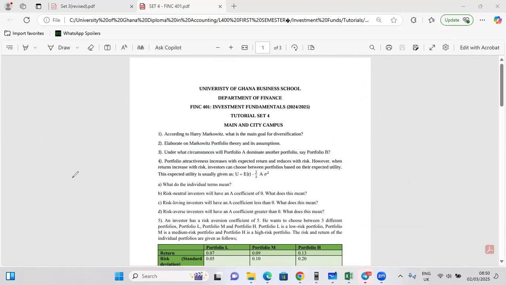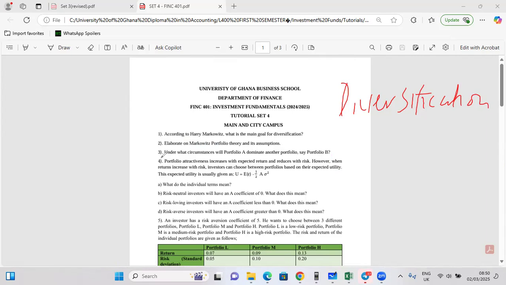So the next one in the key concepts is diversification. Diversification reduces the portfolio risk by investing in a variety of assets with different risk and return characteristics and correlations.